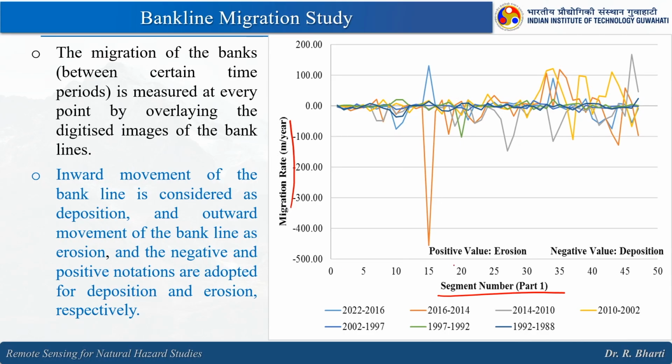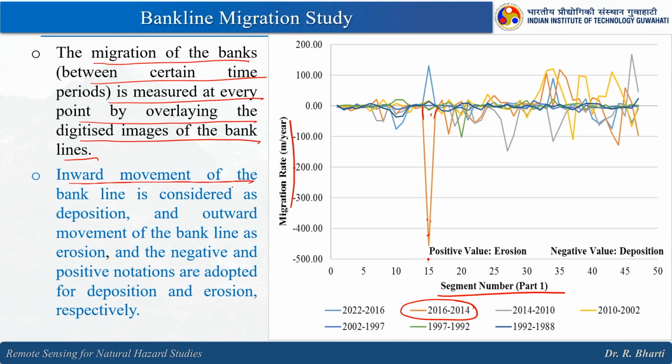Here you can see the migration rate we have analyzed and the segment number is also given, and you can see that this particular reach is showing negative. You can see the color; this is segment number 15 and this color is here. So, between this time period there is a change in the bank line. The migration of the bank between certain time periods is measured at every point by overlaying the digitized images of the bank lines.